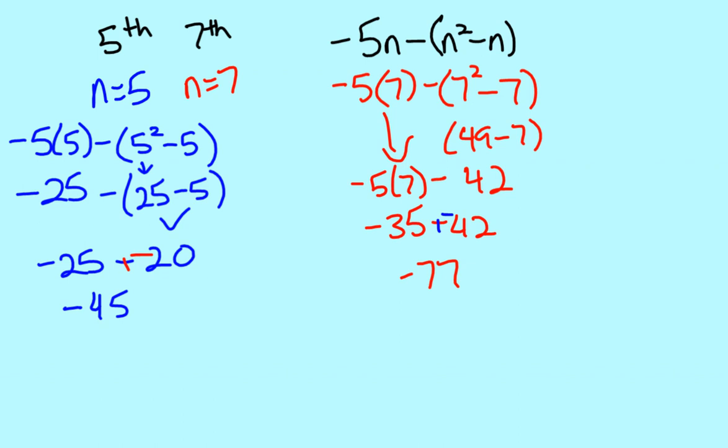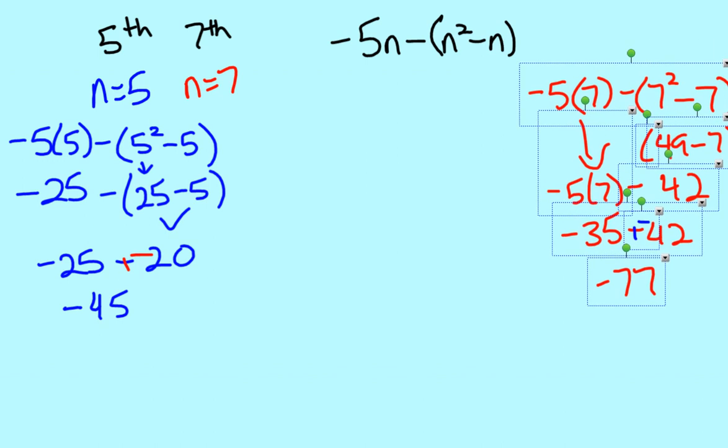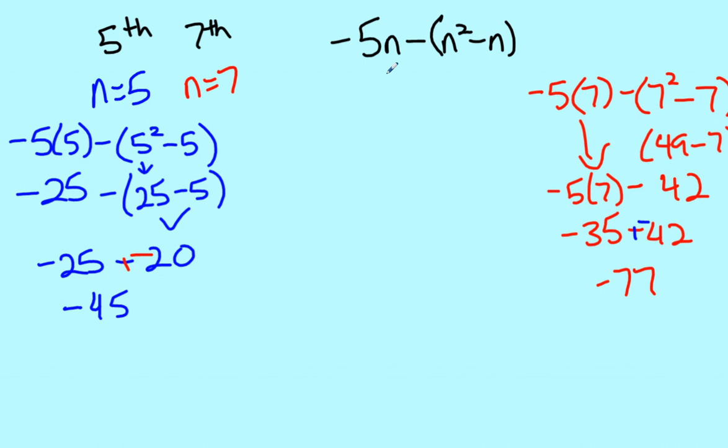Okay, but I want to do one more thing, because this is awful. I don't know why they would give you this. And some of my classes would be able to make this look better. So let's see how we can improve this equation. So let's say I want to distribute out, I want to get rid of these parentheses. I don't like them. So I'm going to distribute my -1 here.